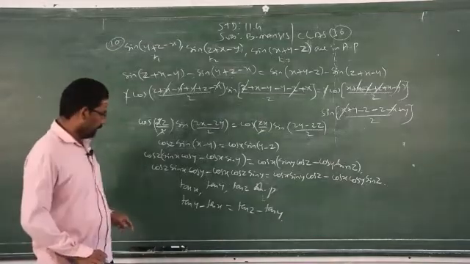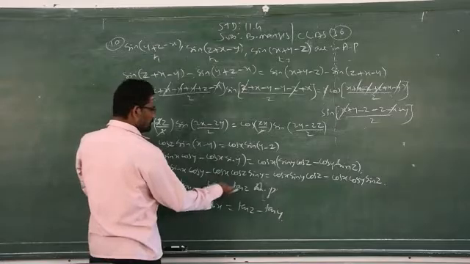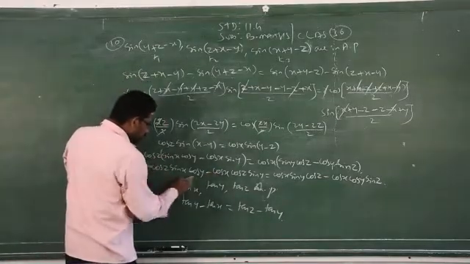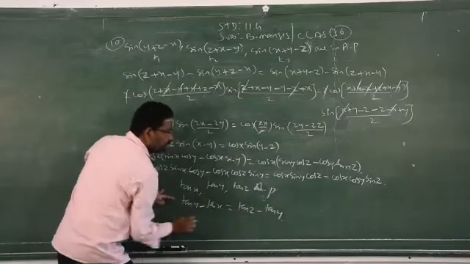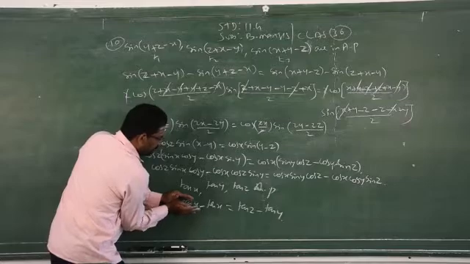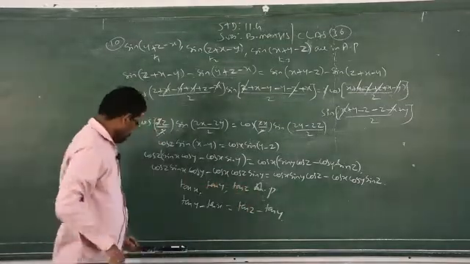That is your aim. Clear? So ultimately you have to prove from this stage to this format, and then you can write straight away that tan x, tan y and tan z are in AP.